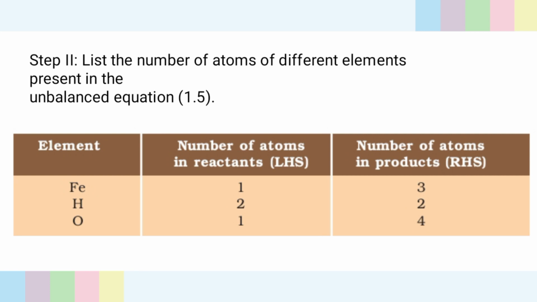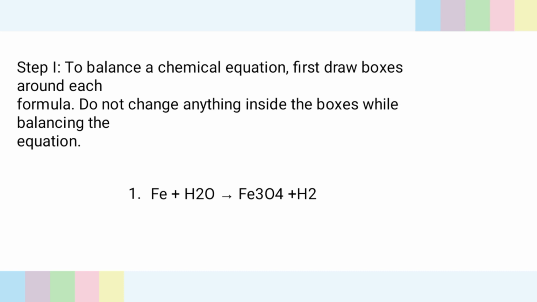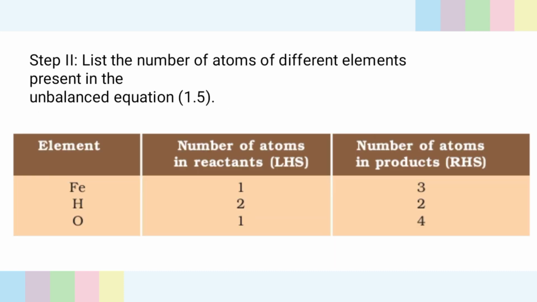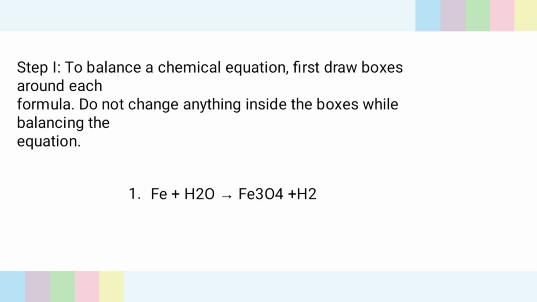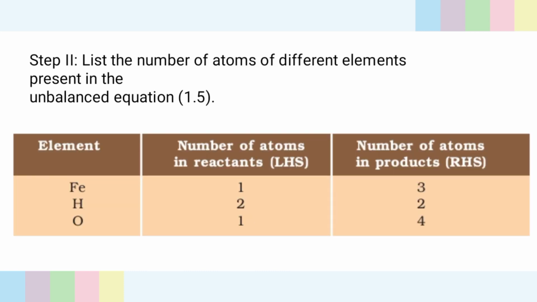So hydrogen, both the sides, H2, yes, and the hydrogen atoms are balanced. So let us see with the oxygen atoms. On the reactant side you have 1 oxygen atom, whereas in the product side you have 4 atoms of oxygen. So we can see the atoms of iron and atoms of oxygen are imbalanced.